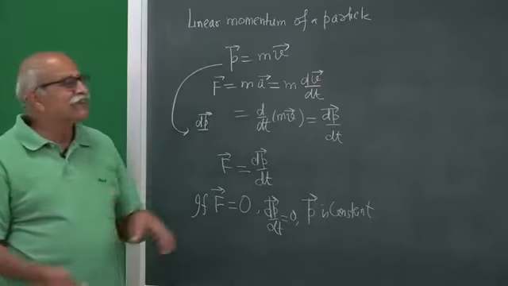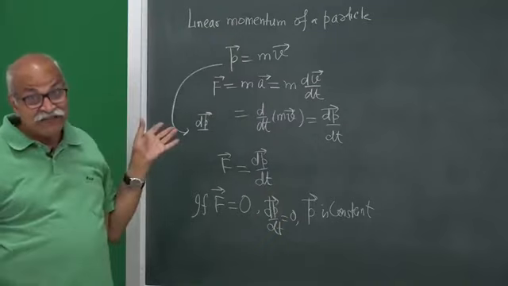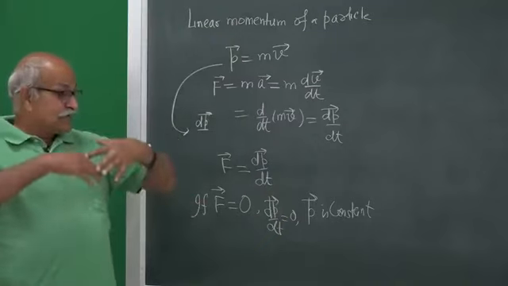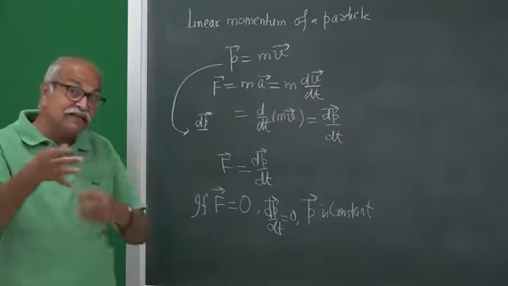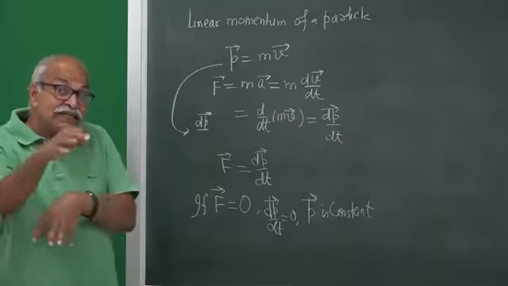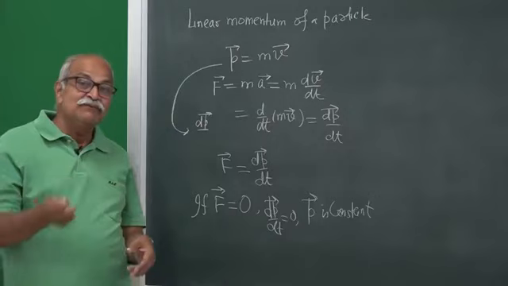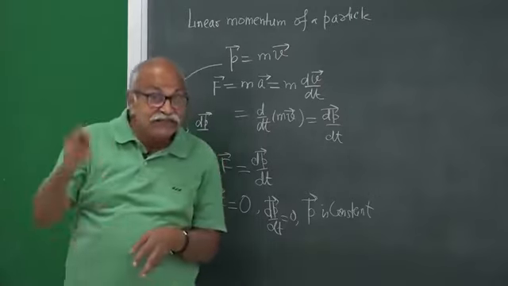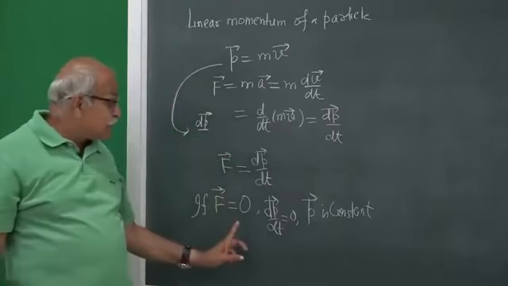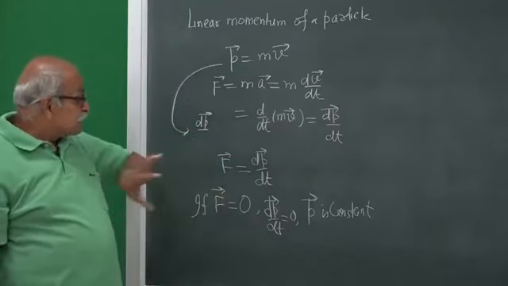That is why I am not using the word external force so far, but once you go to a system of particles where different parts of the system can exert forces on each other, those forces are called internal forces, and any force which is coming from something other than this system will be external force. And conservation of linear momentum is essentially, if the external force on a system is 0, the total momentum of that system is constant.